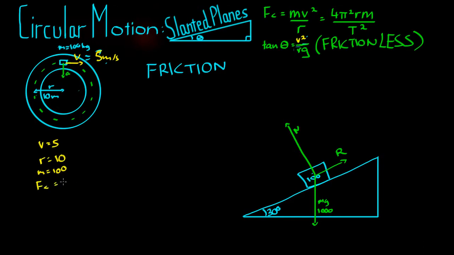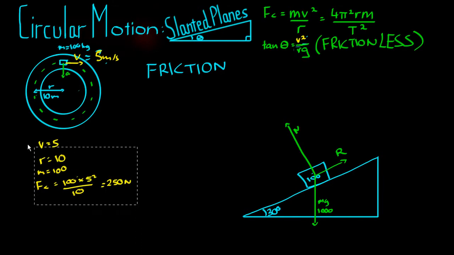Fc is equal to 100 times 5 squared over 10, which comes to 250 newtons. Yeah, 25 times 10.